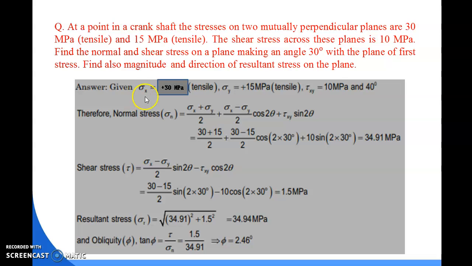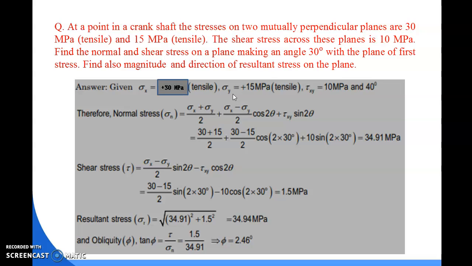Always take the first value of the question as sigma x, that means the stress along the x-axis, and the second value as sigma y, the stress along the y-axis.